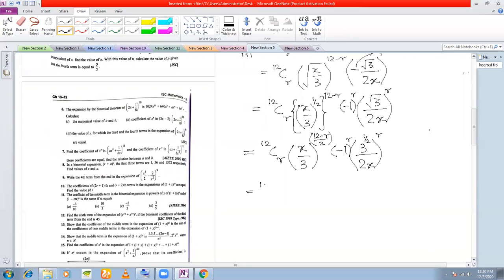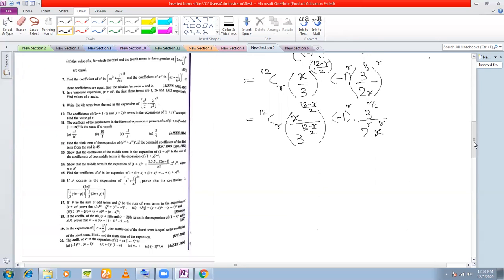So this is 12cr x to the power of 12 minus r by 2 divided by 3 to the power of 12 minus r by 2, this into minus 1 to the power of r, and this is 3 to the power of r by 2 divided by 2 to the power of r x to the power of r.